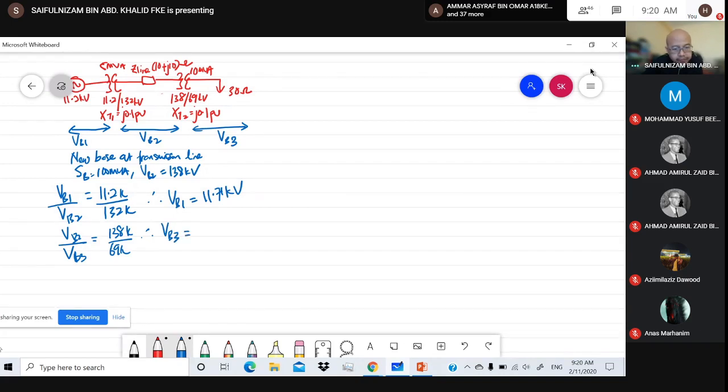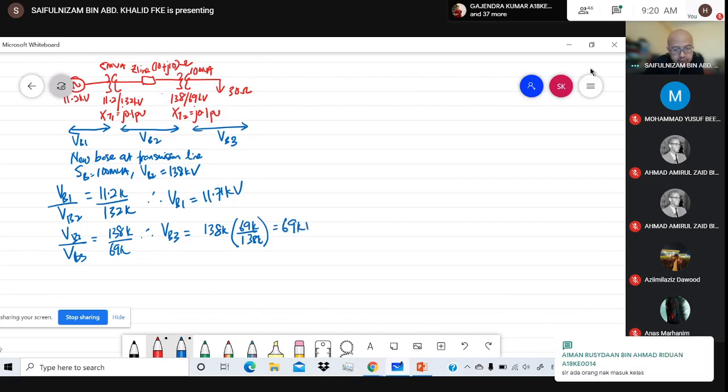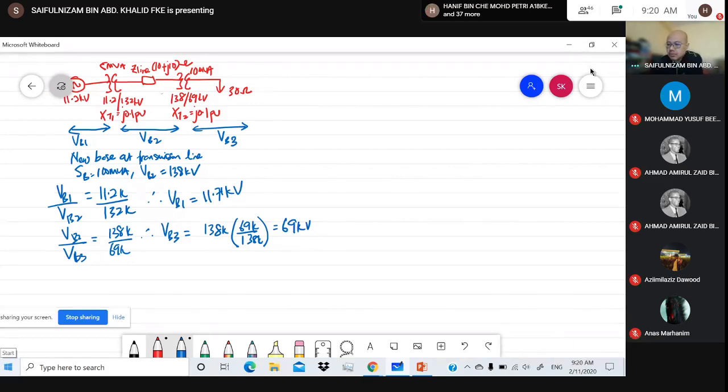VB3 equal to 69 kV. Then after finding the base voltage for each section or zone, we can find the impedance, right?